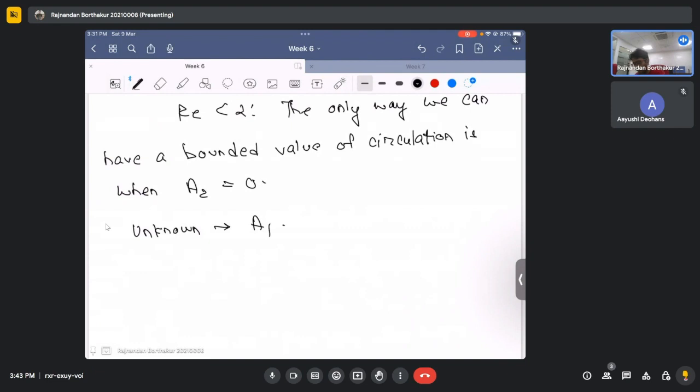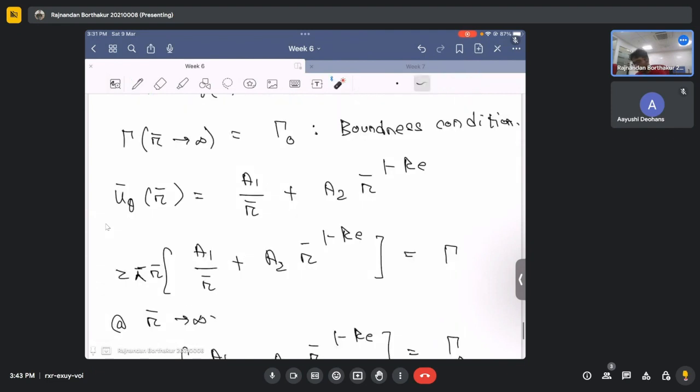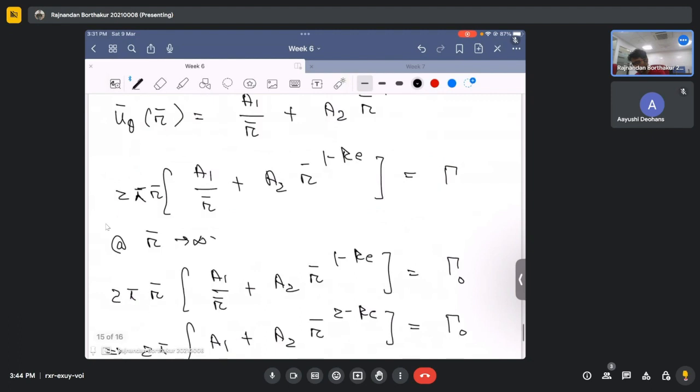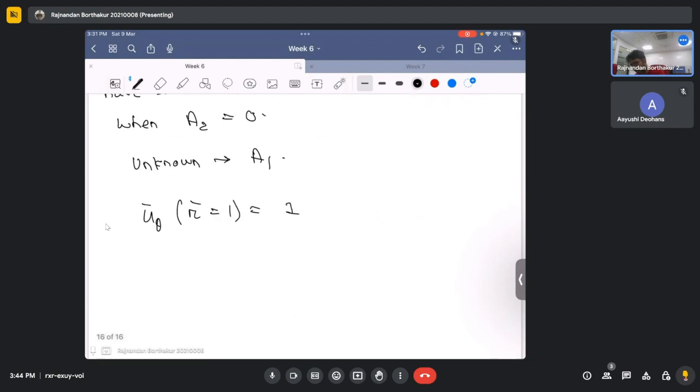And how do we calculate A1? That is again the same procedure. We use the boundary condition of U theta, as we did in the last class. When U theta at R bar equal to 1 is equal to 1, you can see that A1 is nothing but 1.